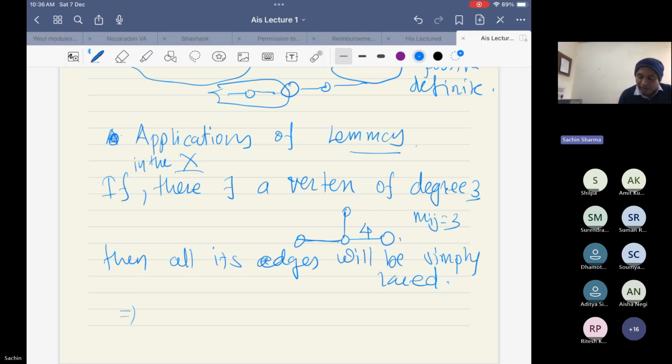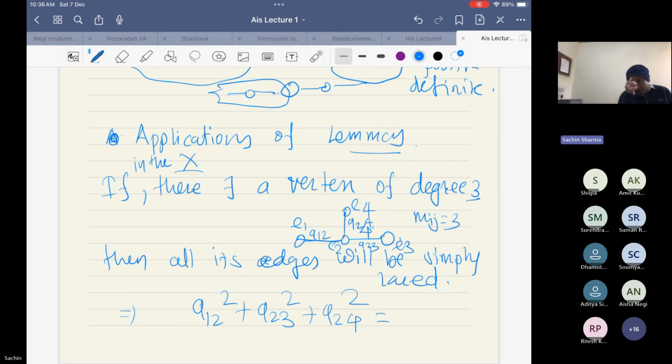So suppose you have here e1, e2, e3, e4. This is q23, q12, and q24. What are q12 square, q23 square, and q24 square?